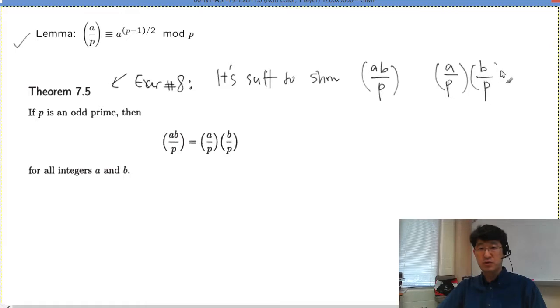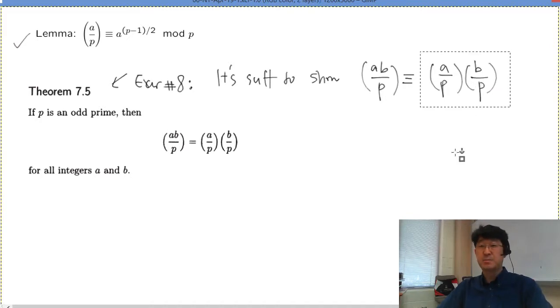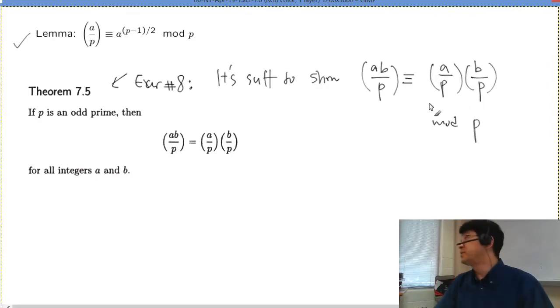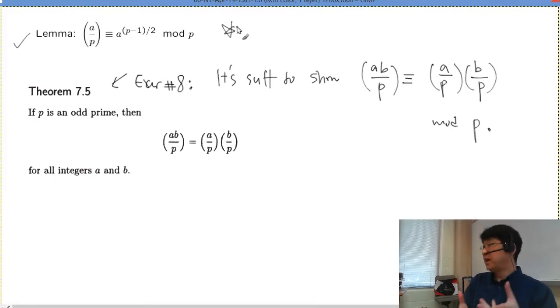It's sufficient to show not equal. That's right, congruent to what? Mod what? Mod p. These are plus 1 and minus 1, right? Congruent to 1 and 1, and negative 1 and 1. That's the same thing, right? So you switch to that statement, and then you have a way to apply this one.